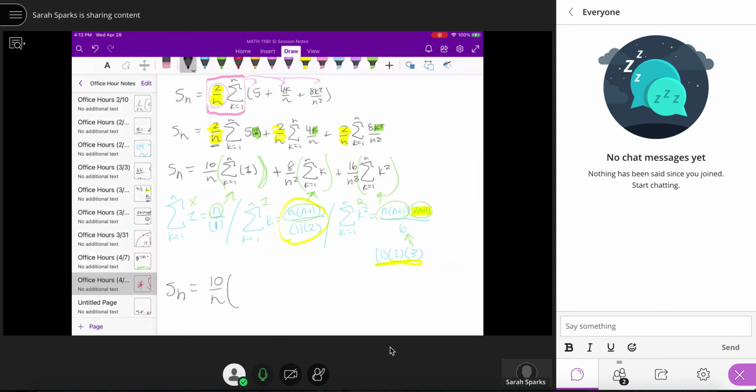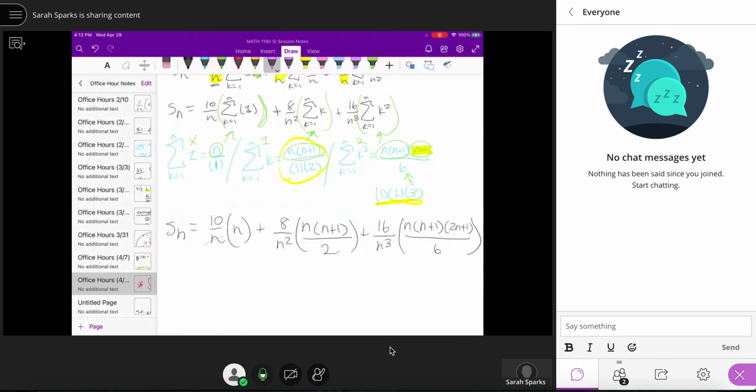So we're going to be multiplying by n, and then we have that 8n squared, and we're multiplying by n plus 1 divided by 2, and then plus we have that 16 n cubed, and now we're multiplying by n plus 1, 2n plus 1 divided by 6.